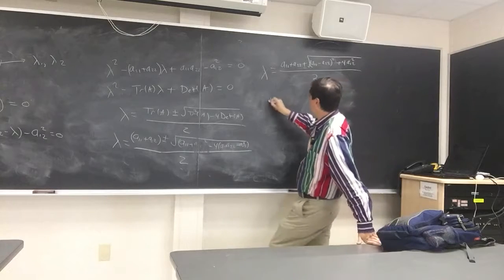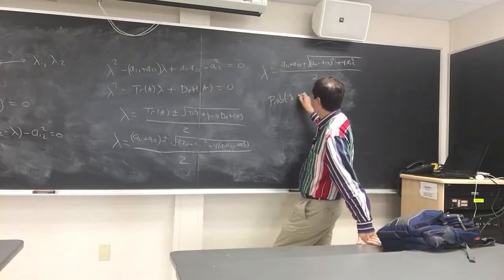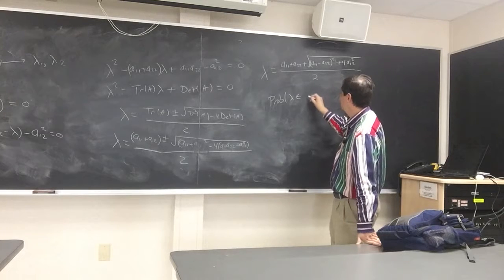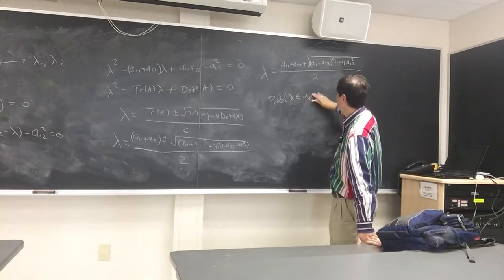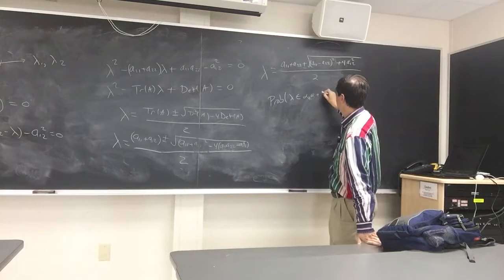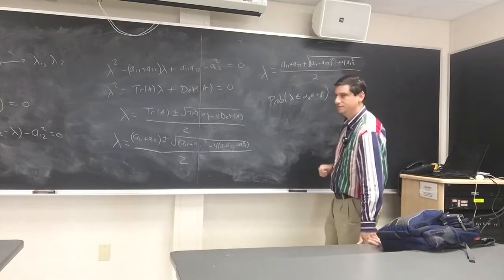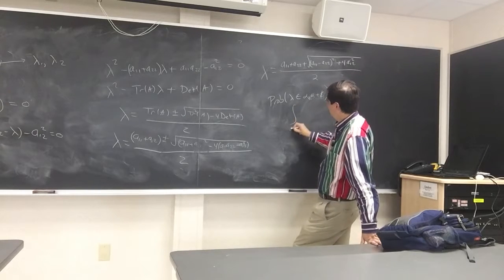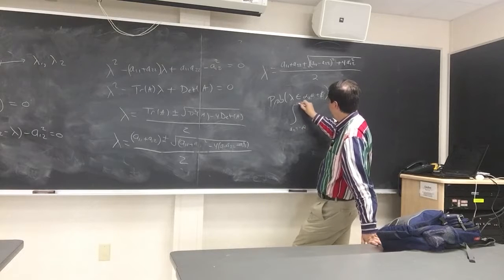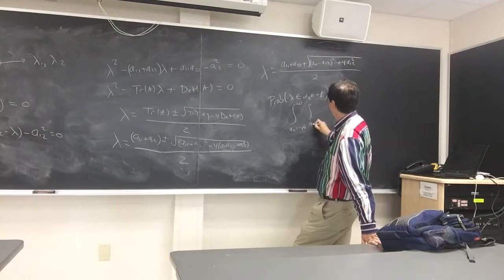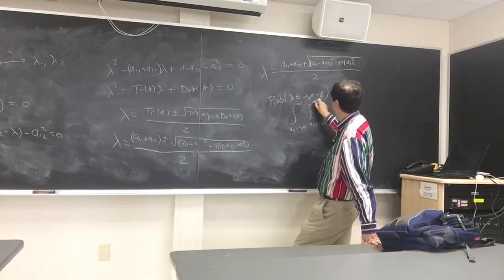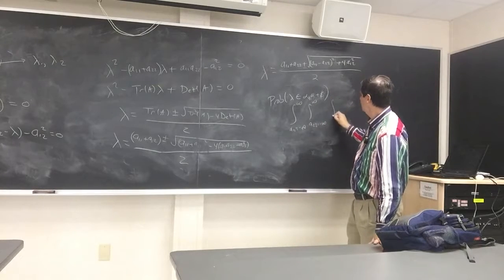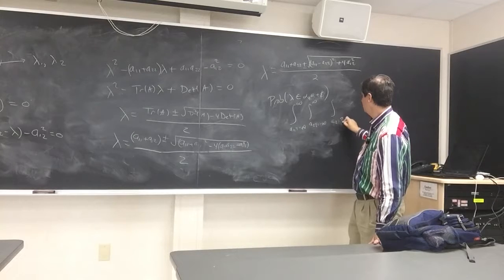If I want to calculate the probability that lambda lies in an interval alpha, beta, or maybe alpha plus delta, or maybe plus some small amount epsilon, I would then have an integral where A11 goes from minus infinity to infinity, an integral where A22 goes from minus infinity to infinity, and then I would have to figure out the range for A12.